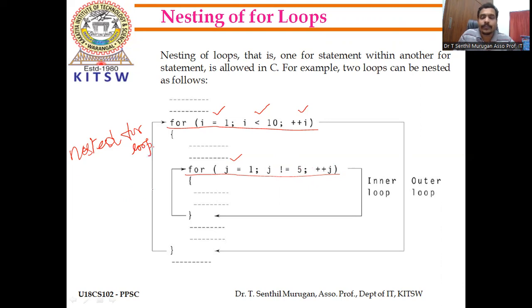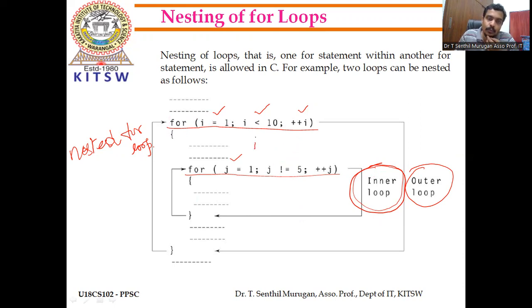So how will it work? The loop inside is the inner loop, and the loop outside is considered the outer loop. First, it will start from the outer loop, but the complete inner loop will be over, then the outer loop will take charge. So i equal to 1, i less than 10, entered into the loop.